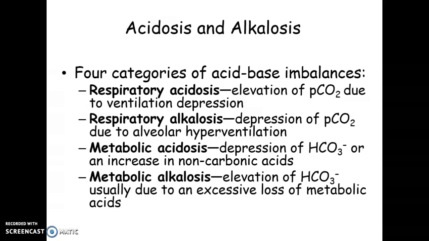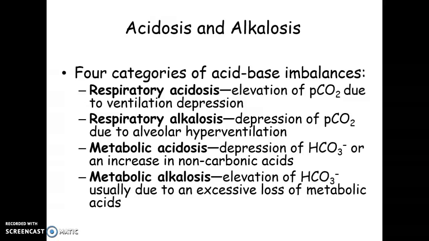Respiratory acidosis, elevation of CO2 due to ventilation depression. Remember that great equation: water plus CO2 gives you carbonic acid. That breaks down to give you bicarbonate. And if you have an increase in the CO2, it's going to naturally give you an increase in carbonic acid.